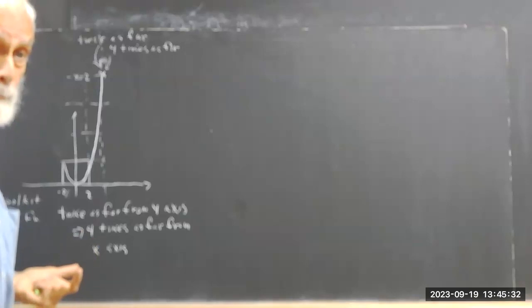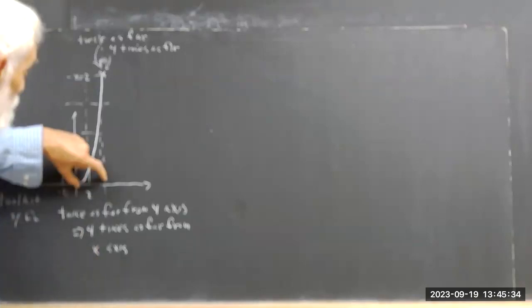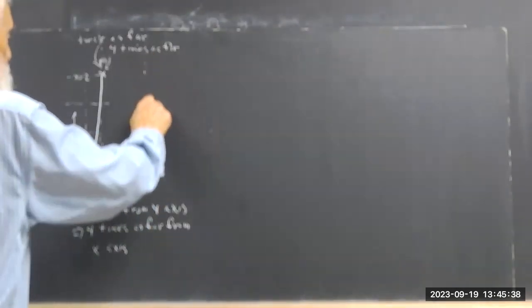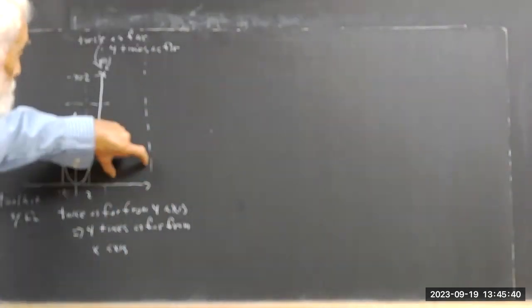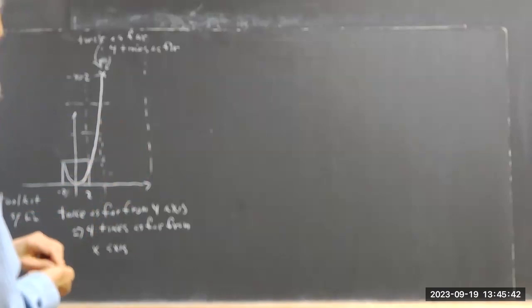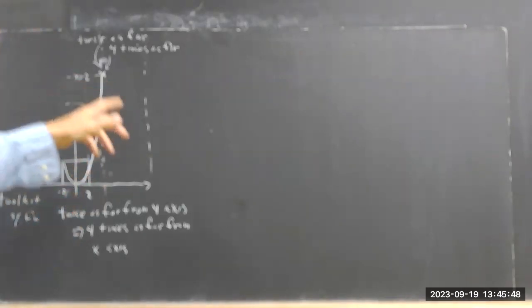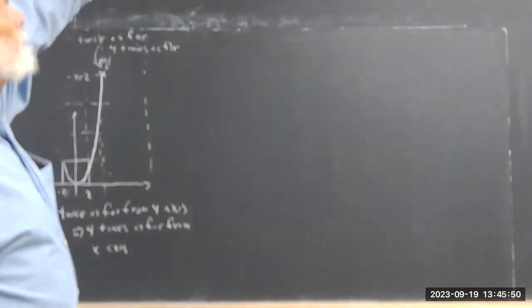It gets very steep. If we go twice this far, we'd be out here, and 4 times as far as this, well, that's about 9 inches. Four times as far is 36 inches. We've got to go up 3 feet.